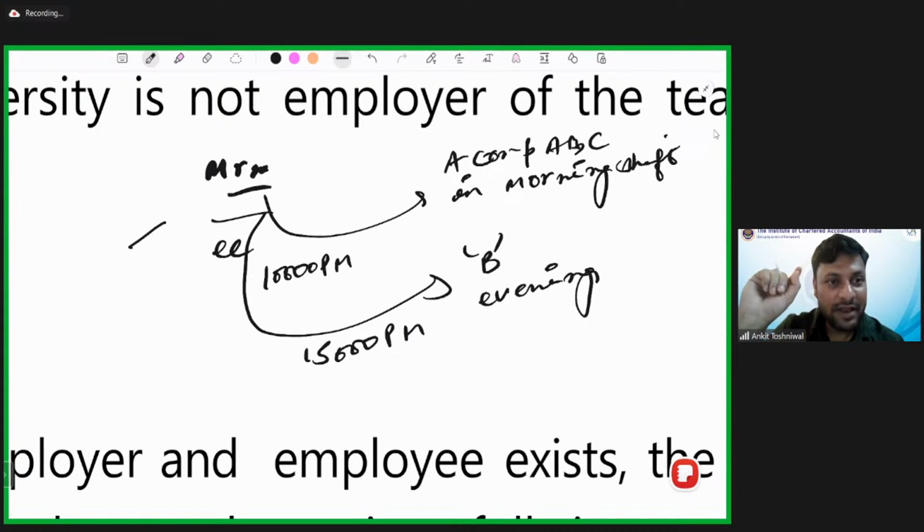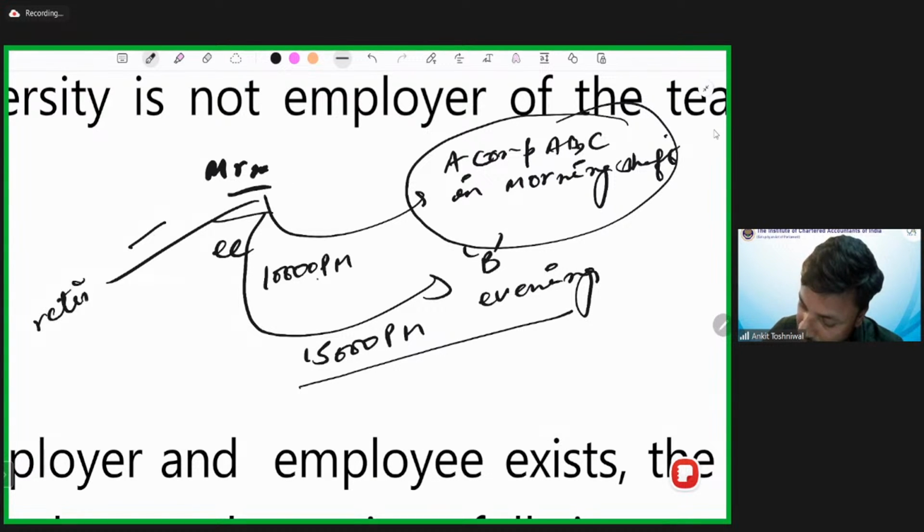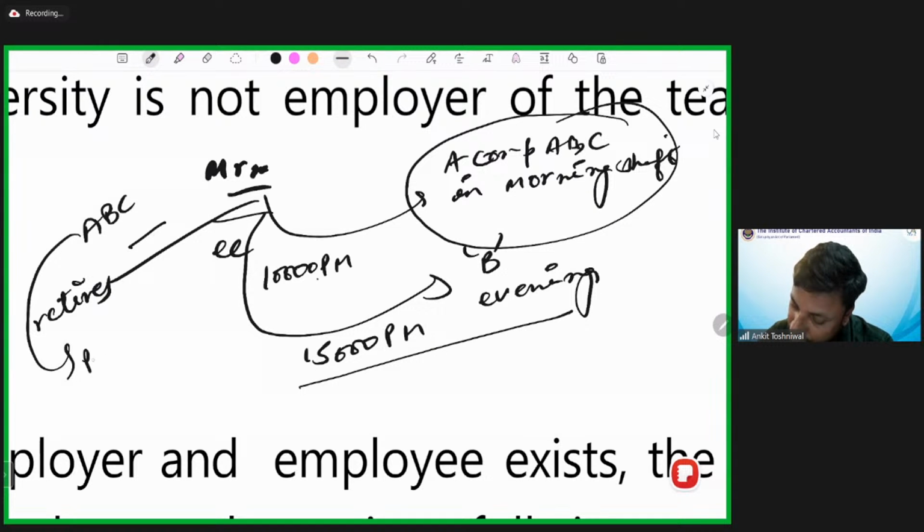Again, Mr. X works for ABC in the morning shift, taxable under the head salary, and in the evening shift he works in another company. Now he retires from ABC company, but he is still getting a pension of 5,000 per month.